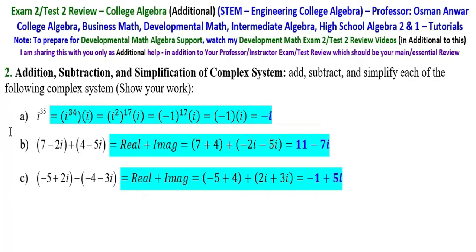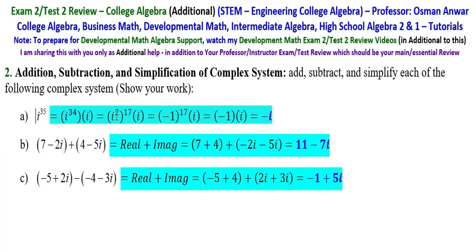Number 2. Addition, subtraction, and simplification of complex numbers. Add, subtract, and simplify each of the following complex numbers. A. i to the power of 35 is equal to i to the power of 34 times i. i to the power of 34 is i squared to the power of 17 times i.